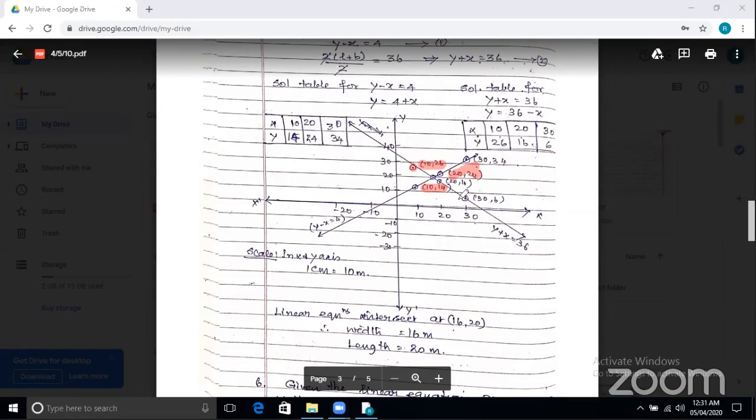Then 20, 16, somewhere here. Then 30, 6. If all these points are in one line, your problem is correct and you are going in the right direction. Put the arrow mark here.